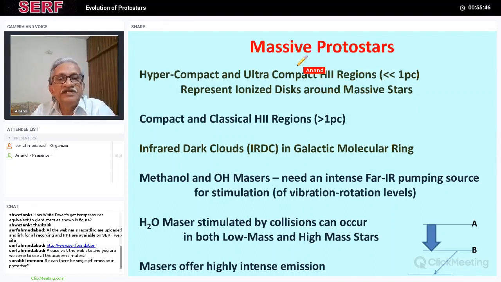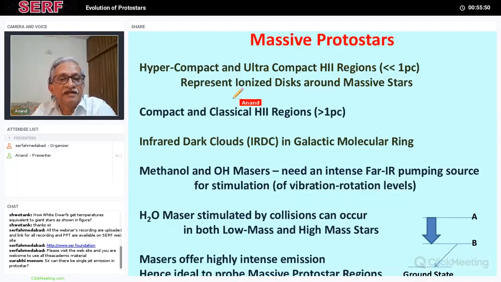These HCH2 and UCH2. Okay. Now there are of course compact and classical H2 regions which are also there, but they show much more evolved stars. But if you want to catch these stars in the act, these are the best observations. They're still going on. A lot more observations are being made using the proposed large telescopes in Europe by the Europeans and the Americans.